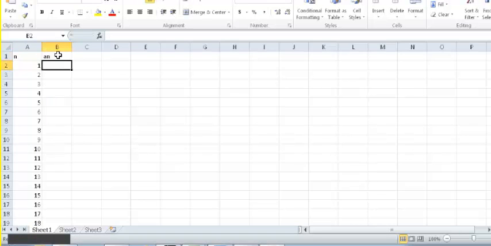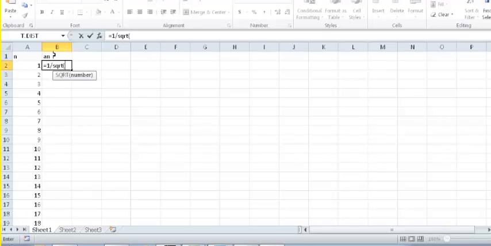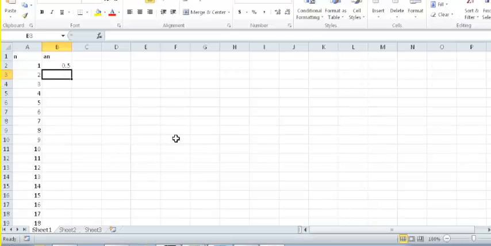We have a sub n, which is equal to 1 divided by the square root of n, divided by the square root of n plus 1. I think I got everything right, okay. So if we go back to the first term, it should be half, which it is.